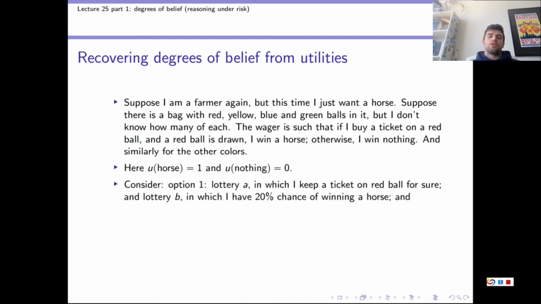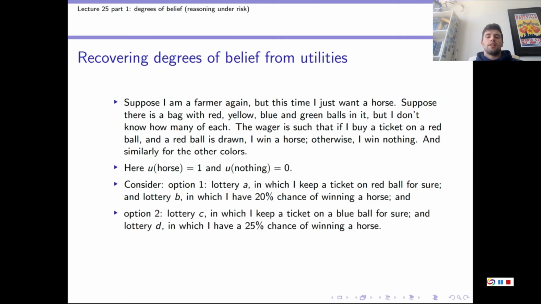Option 1, in which we've got two lotteries A and B. Lottery A is keeping a ticket on a red ball for sure, and Lottery B is an objective lottery ticket with a 20% chance of winning a horse. And option 2, in which we've got lotteries C and D. Lottery C is keeping a ticket on a blue ball for sure, and Lottery D is an objective lottery ticket with a 25% chance of winning a horse. Now notice again that we're assuming that the lottery tickets are objective here, so the probabilities involved in each one are objective, so we are indeed still reasoning under risk.